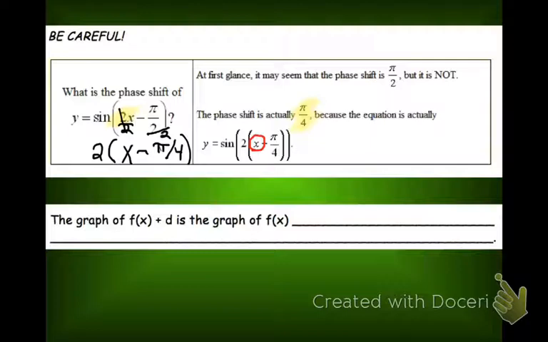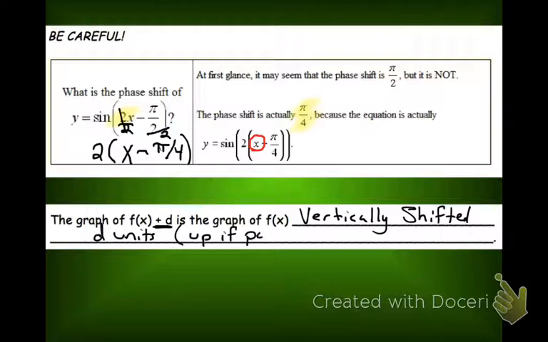Down at the bottom, the other thing is a vertical shift up and down. So the graph of f of x plus d, that d on the end there, is the graph of f of x vertically shifted d units, and then in parentheses up if positive, down if negative.